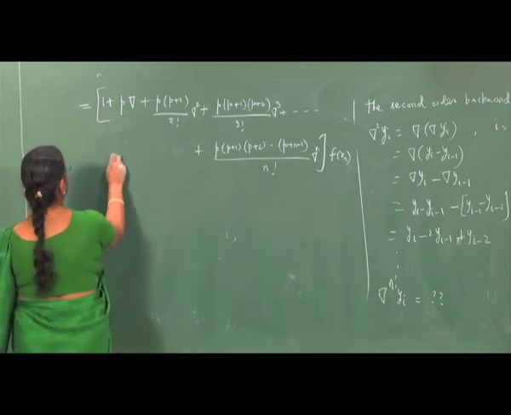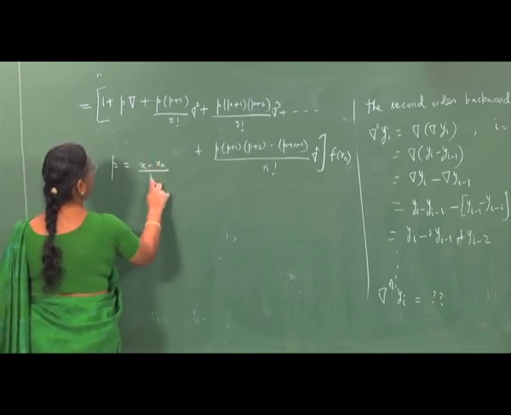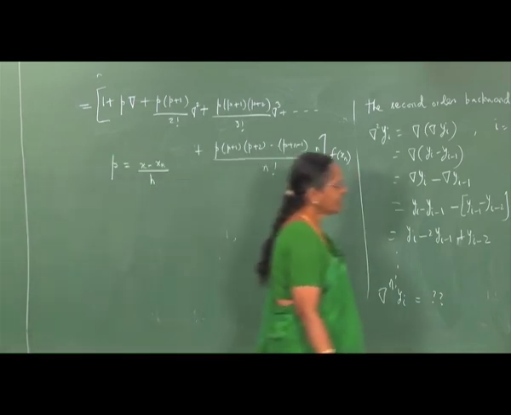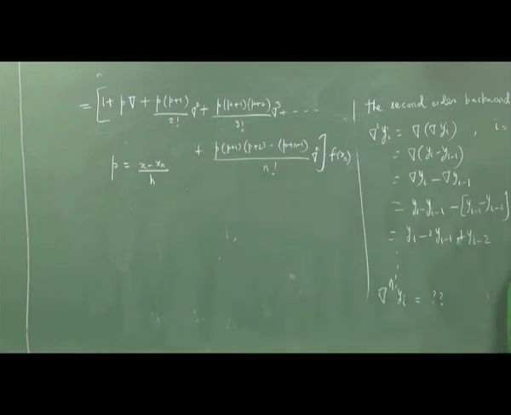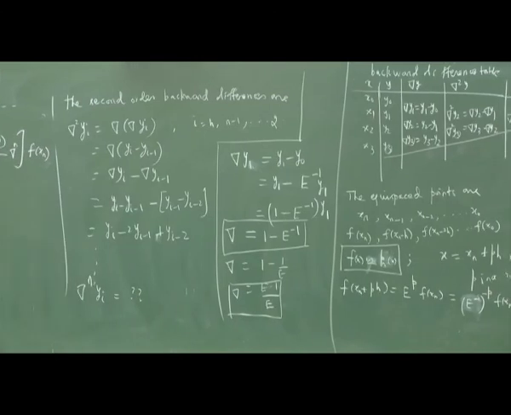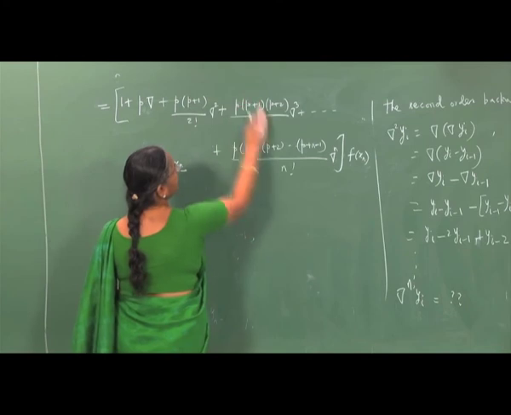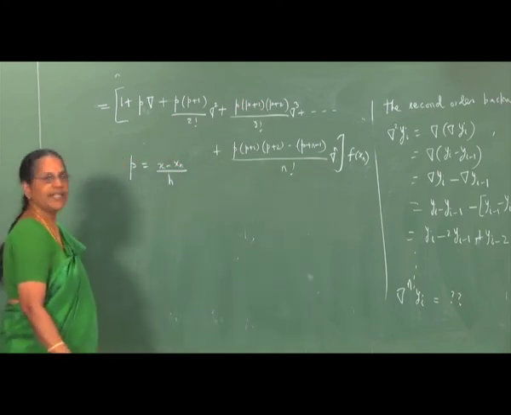So, what is p here? p is x minus xn divided by h. What is h? h is the difference between any two successive xi values. So, when I substitute for p in terms of x, I obtain a polynomial of degree n.